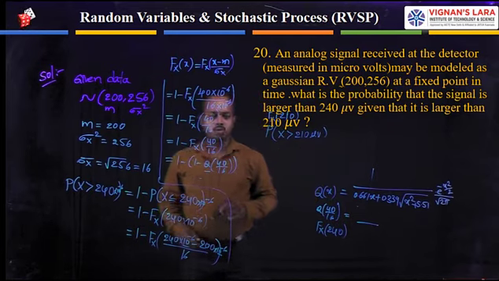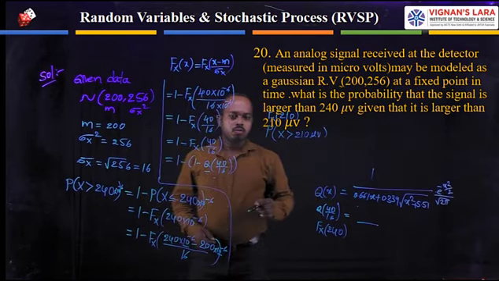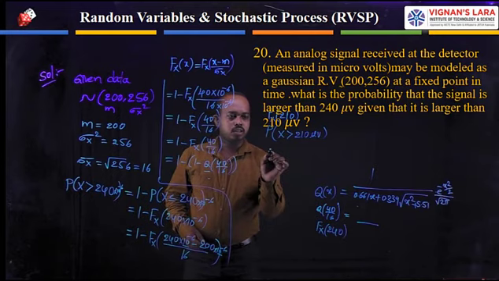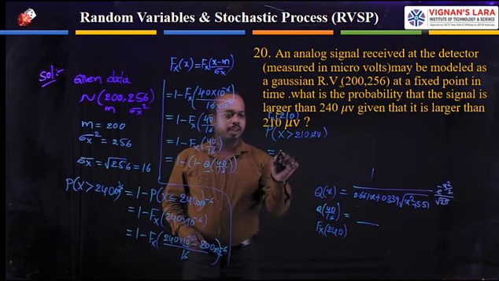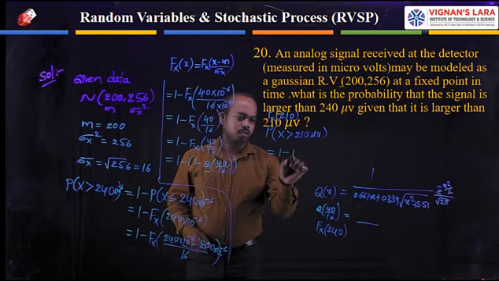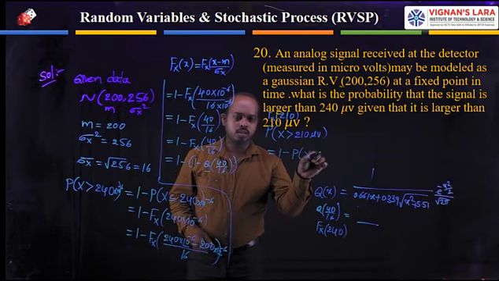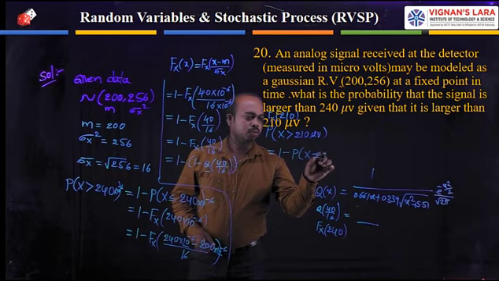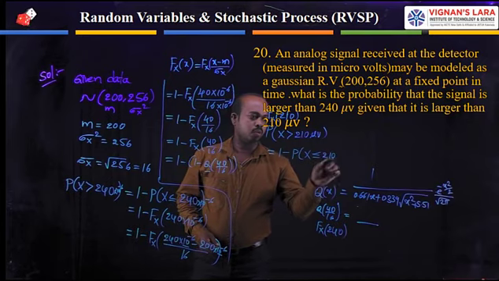Its opposite event is 1 minus the probability of capital X less than or equal to 210 microvolts.